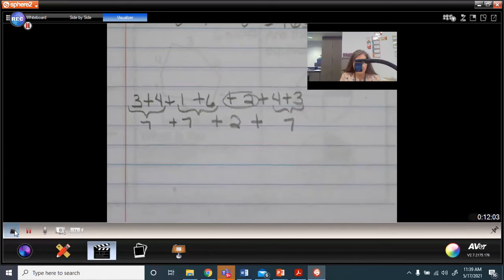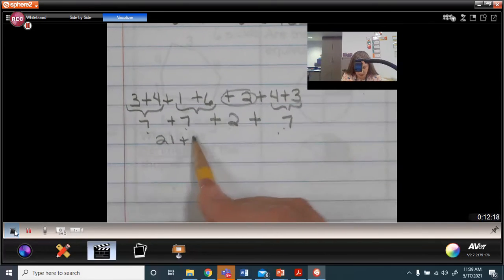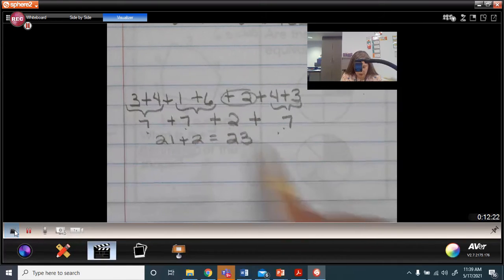But that's okay, because I have 3 groups of 7. And if you know your multiplication facts, 3 groups of 7 is, right, 21. And these 2 more are going to be together 23.